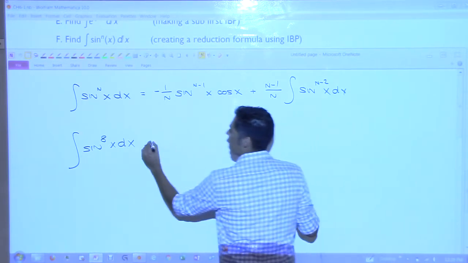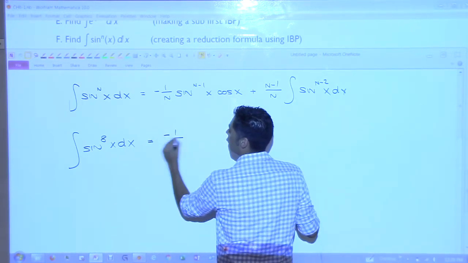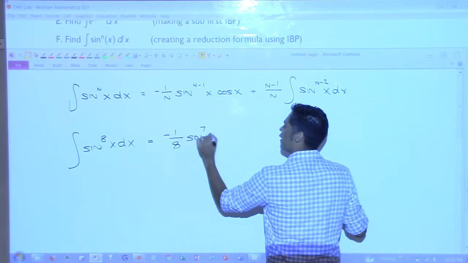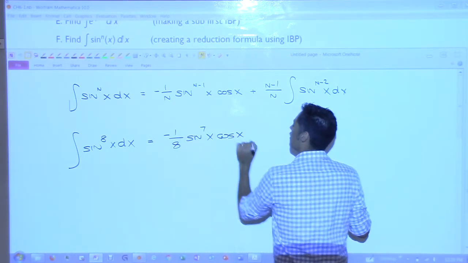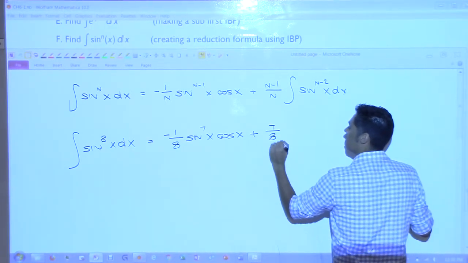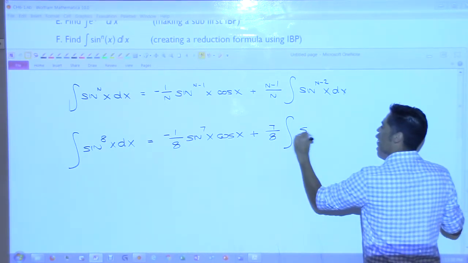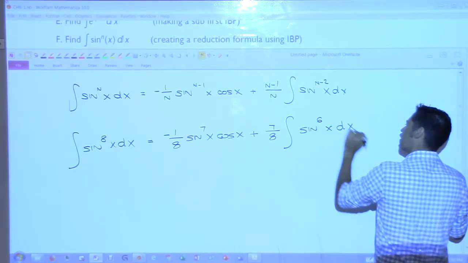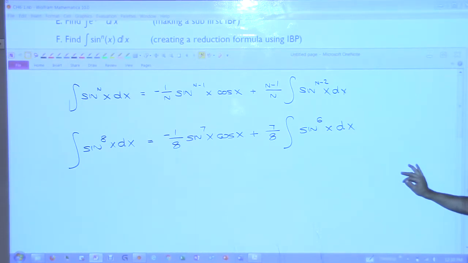So this formula says the answer will be negative 1 over 8 sine to the 7th x cosine x, plus 7/8 integral of sine to the 6th of x dx. That's what that formula says.